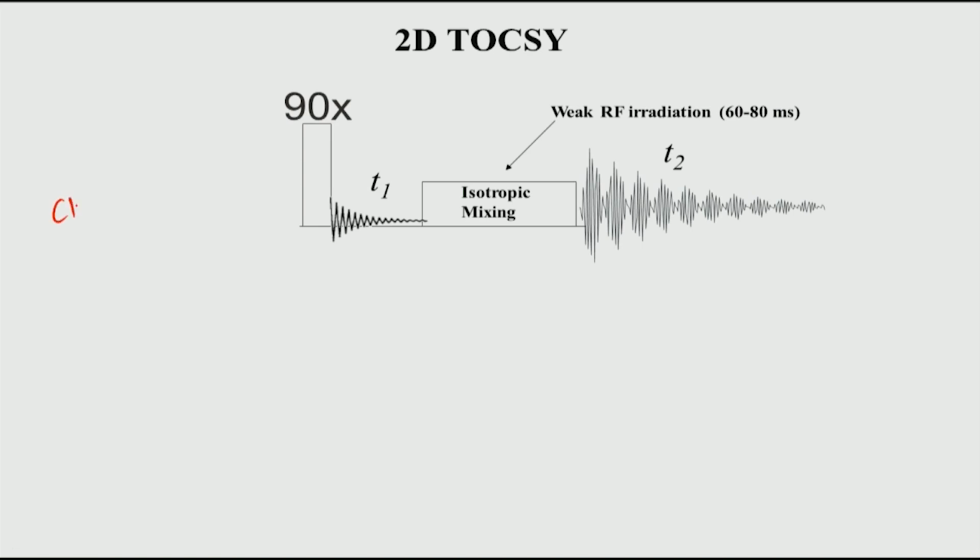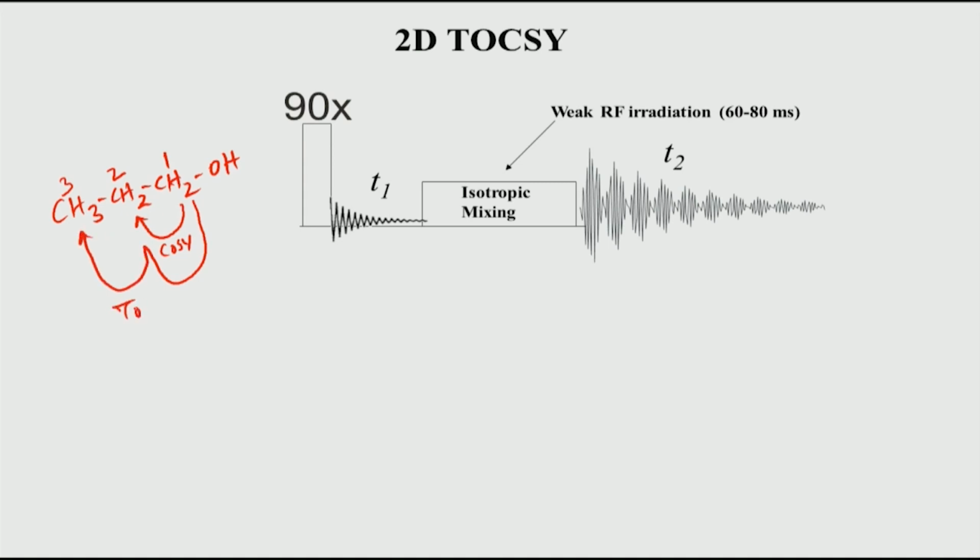So, let us say we have a molecule, again take the case of propanol. Here let us label these 3 hydrogens as 1, 2 and 3. We saw that in the case of COSY this is what we will get, but in the case of TOCSY you will get from here to here and then again from here to here.